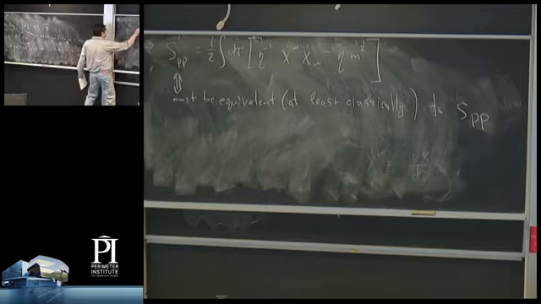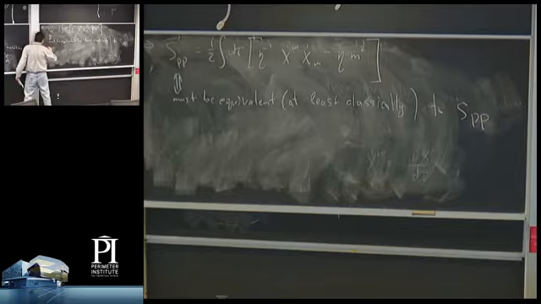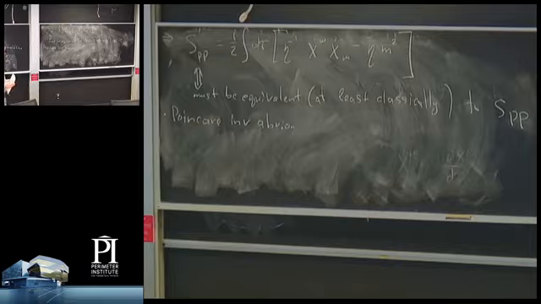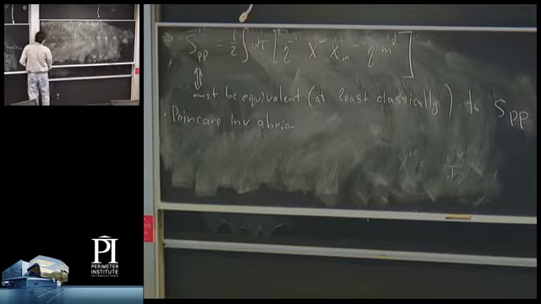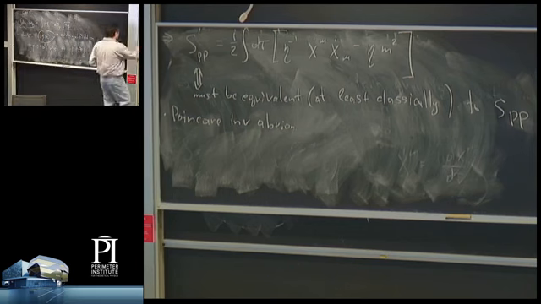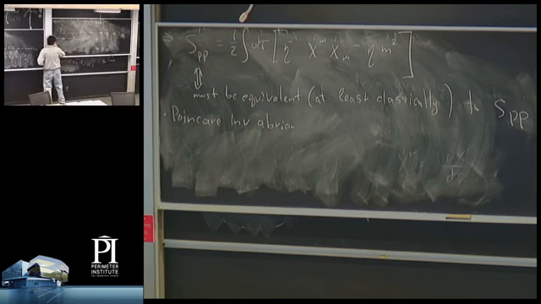Okay, so again, Poincare invariance is obvious. Because the combination there is a Poincare scalar, what we need to check is that this action transforms appropriately under change of variable. So we're going to make tau go to tau prime, which depends on tau. We'll just repeat the same discussion that we did before.